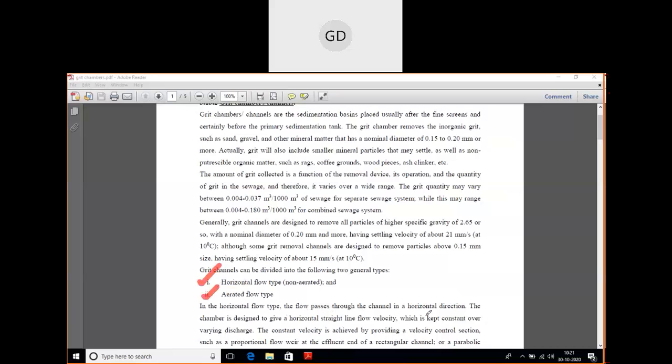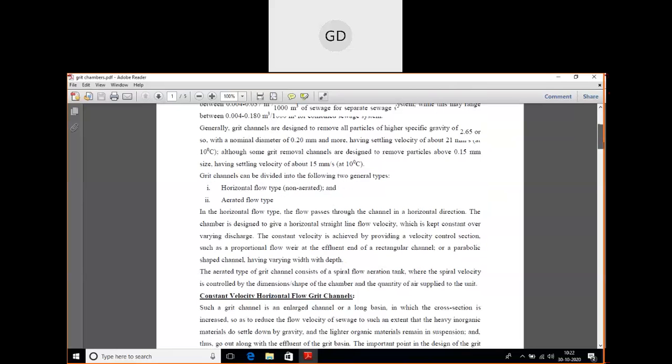The chamber is designed to give a horizontal straight line flow velocity which is kept constant over the varying discharge. It is simple.